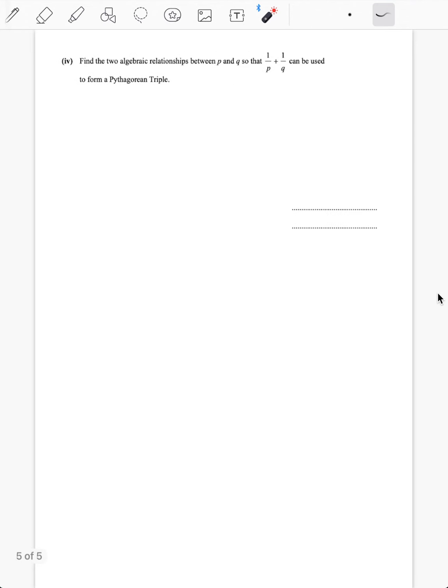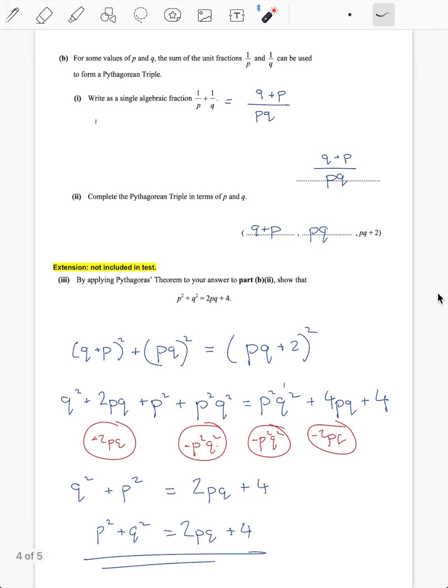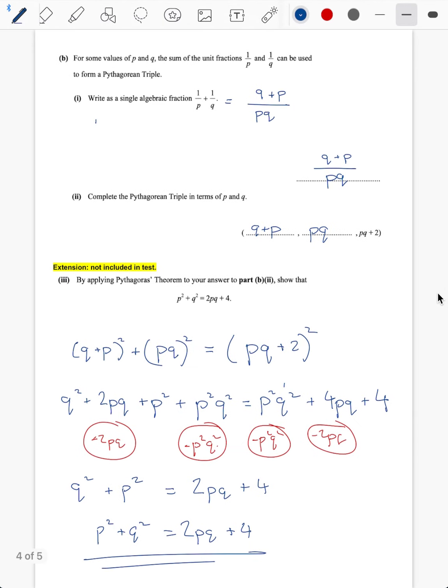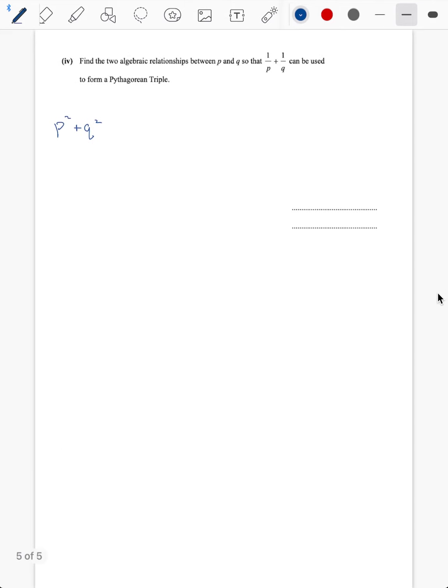But what I'm going to do is I'm going to use my result that I got previously. So p squared plus q squared, minus 2pq is equal to 4.